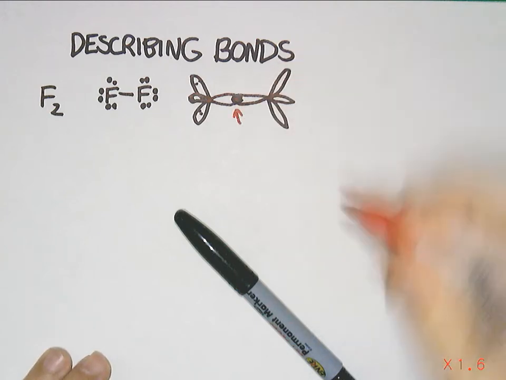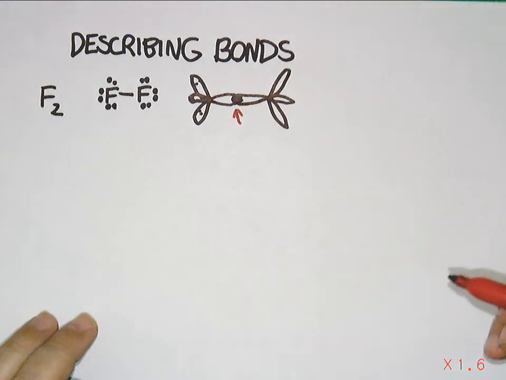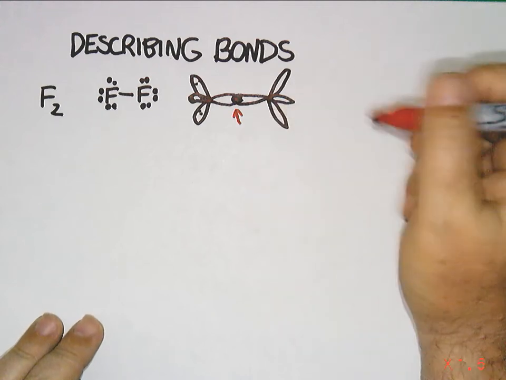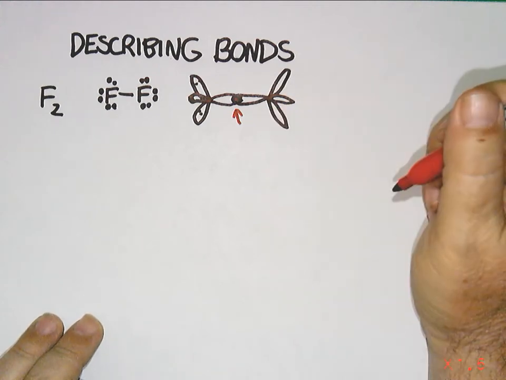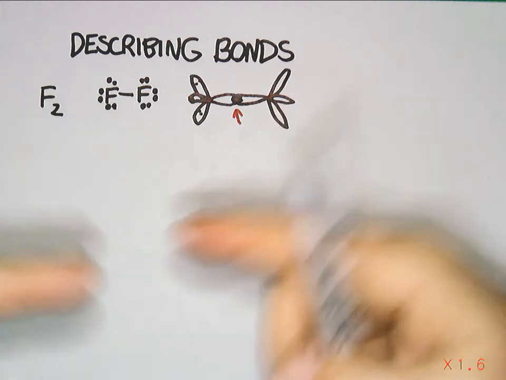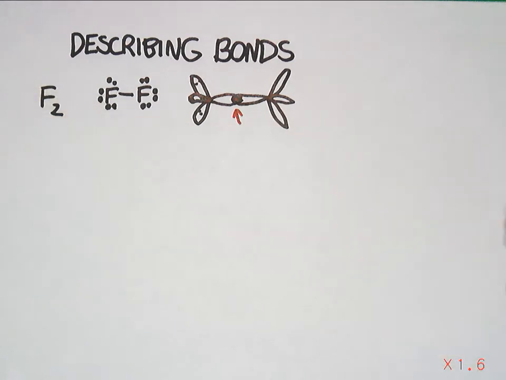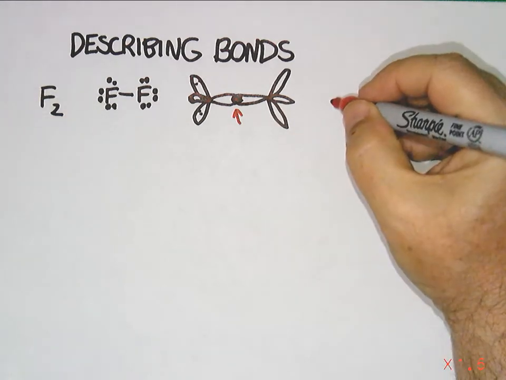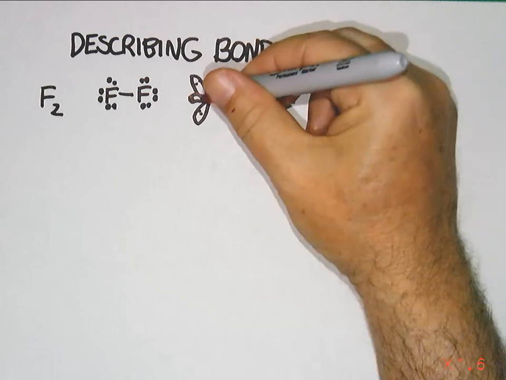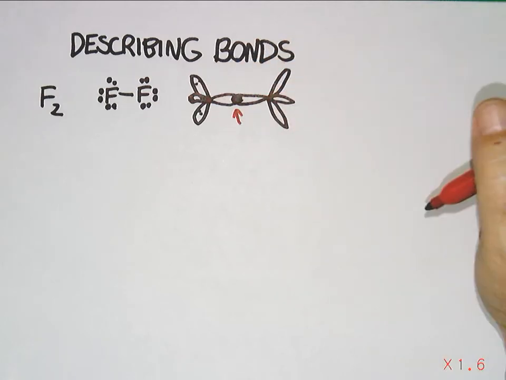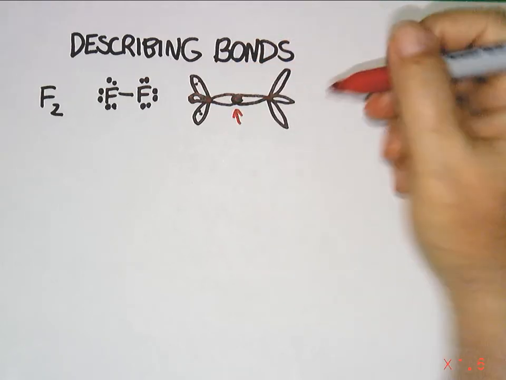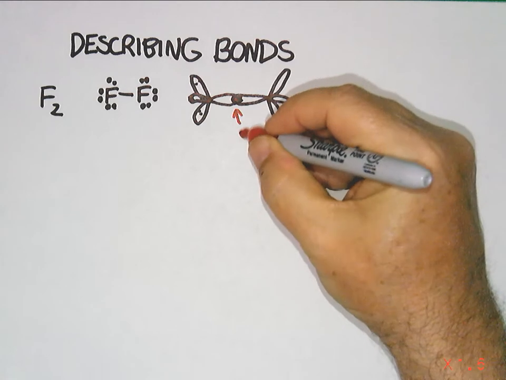That's where those 2 sp3 orbitals overlap. Now, that kind of bond, when you have sort of head-to-tail overlap, is called a sigma bond. The overlap is on an imaginary line between the 2 nuclei. So you can say this is a sigma bond.